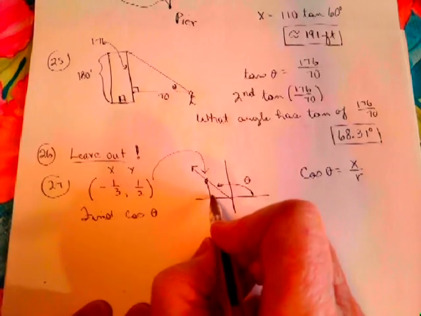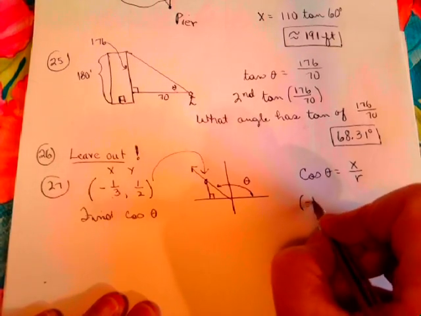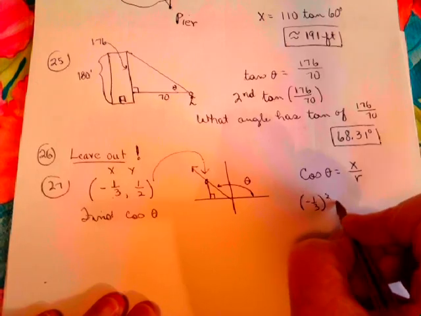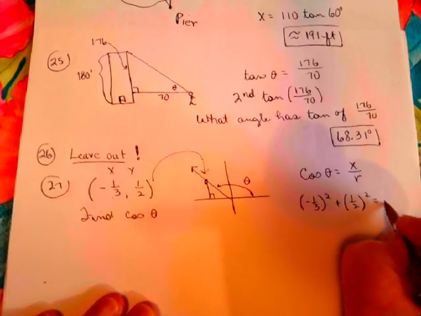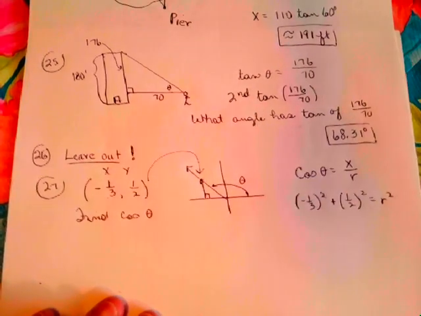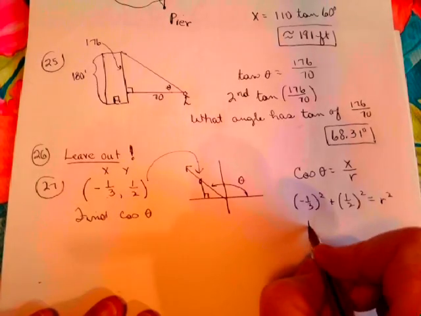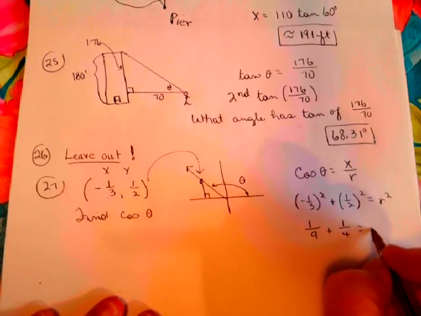You know that you use Pythagorean's theorem, negative 1/3 squared plus 1/2 squared equals r squared. That is 1/9 plus 1/4 equals r squared.